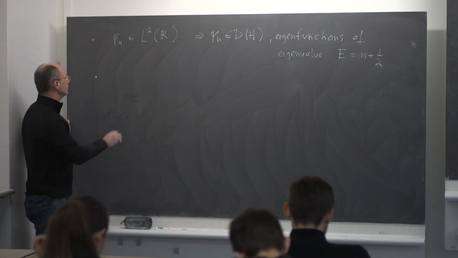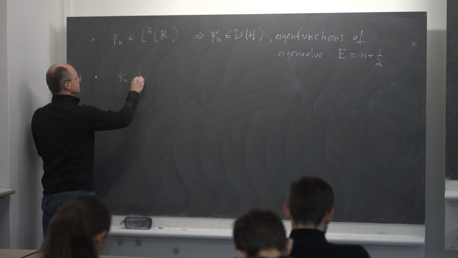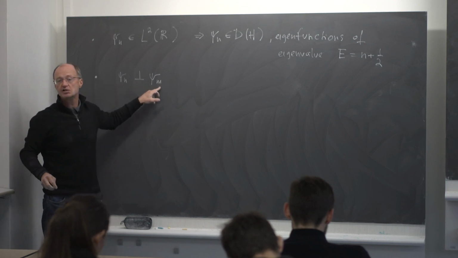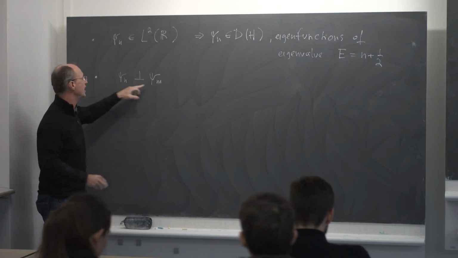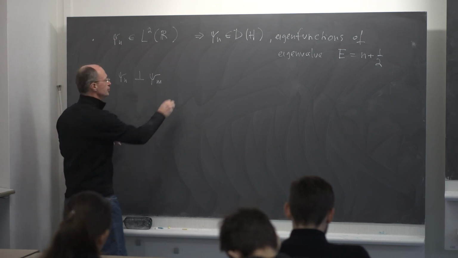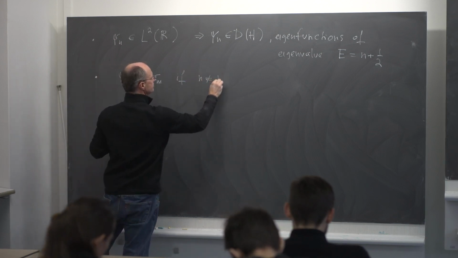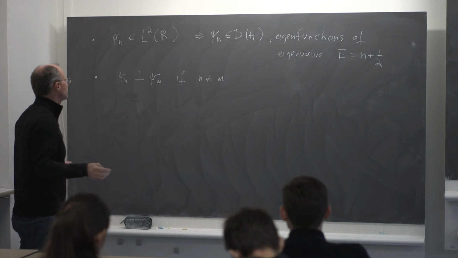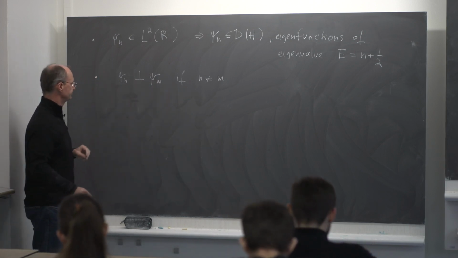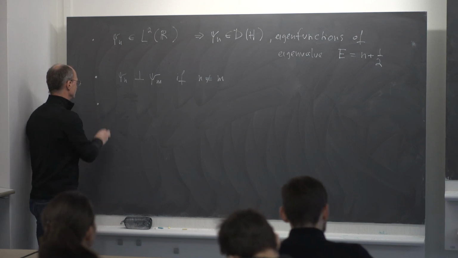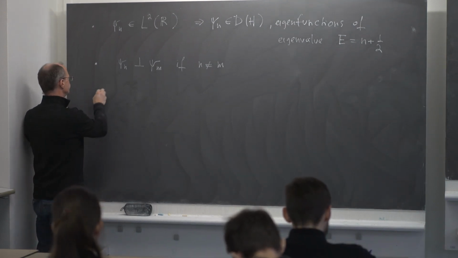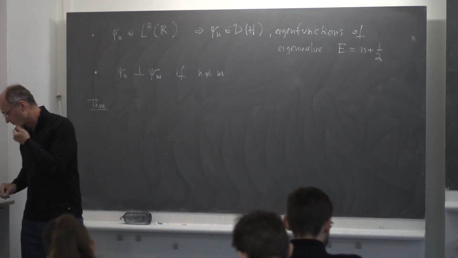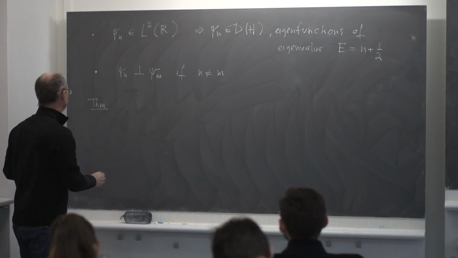Maybe just a side remark. If this is the case, then it's easy to show by the standard linear algebra arguments that they're L2 orthogonal to each other if n is different from m. They are eigenfunctions of different eigenvalues, so they have to be L2 orthogonal. Okay, so now a theorem, and this theorem has quite a beautiful proof.